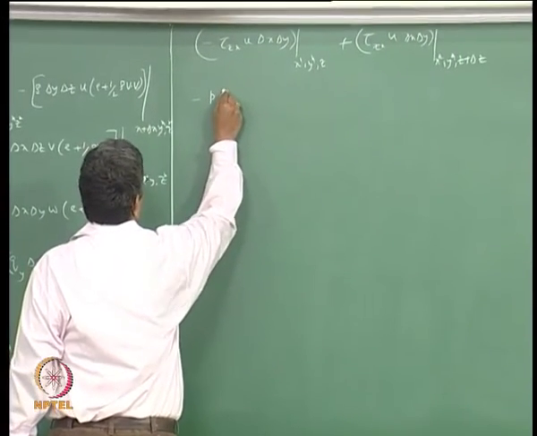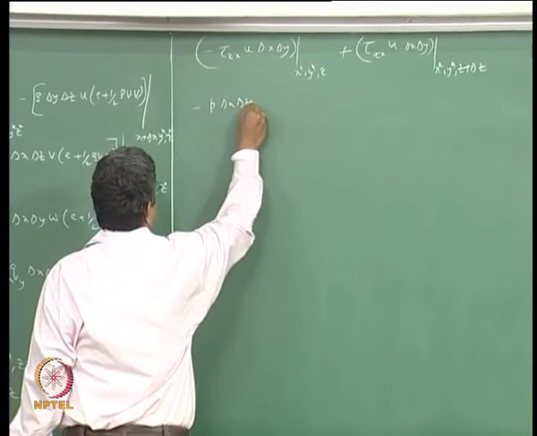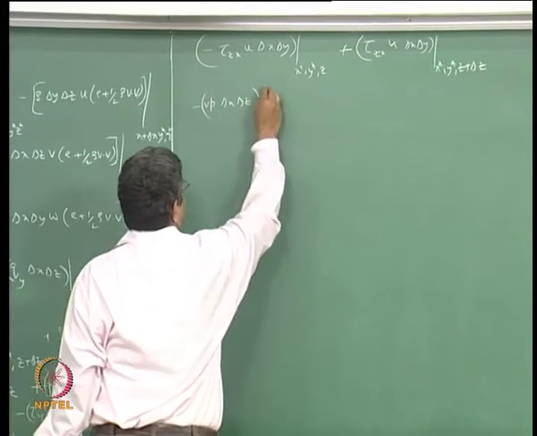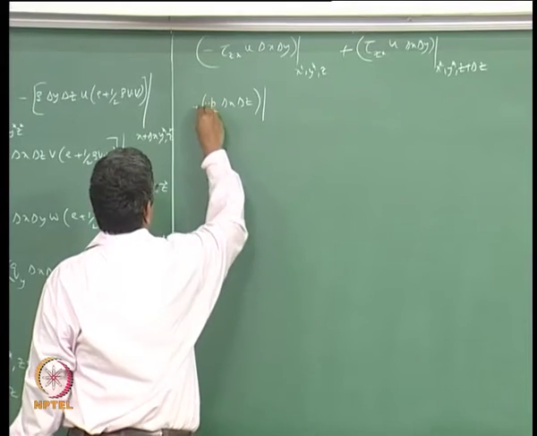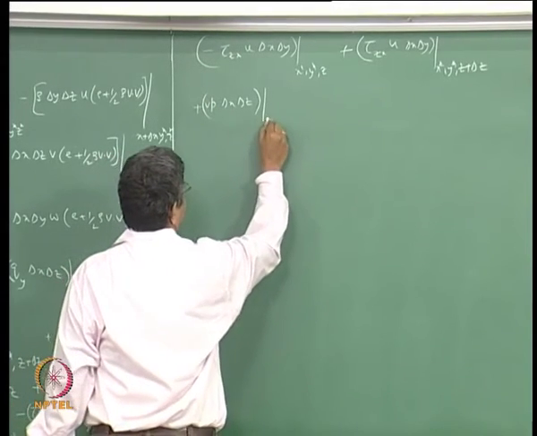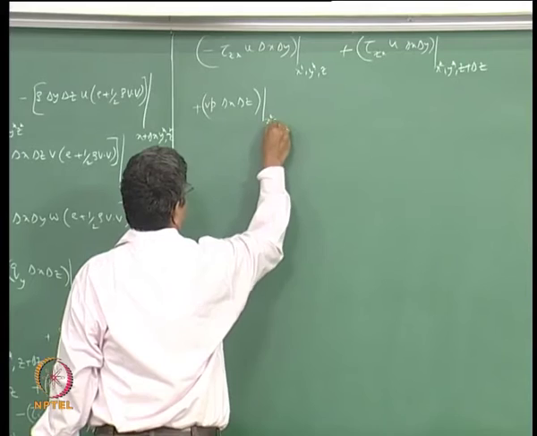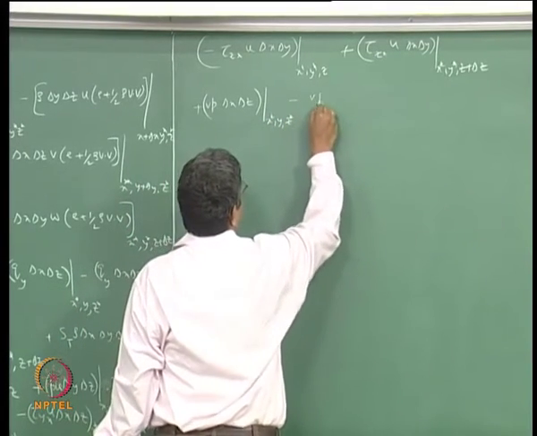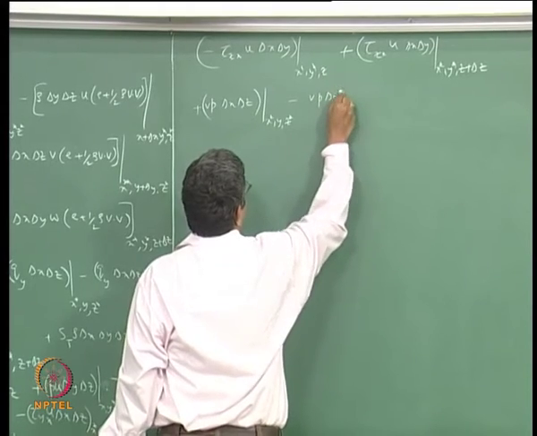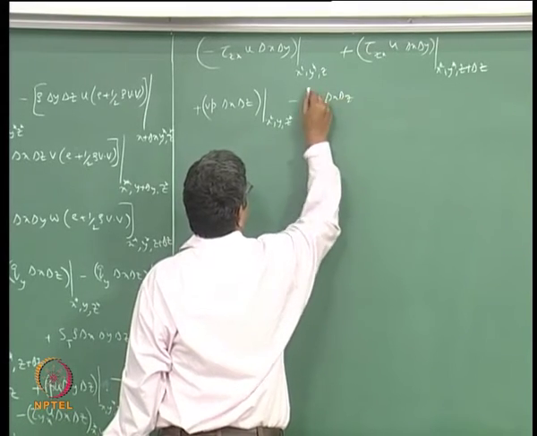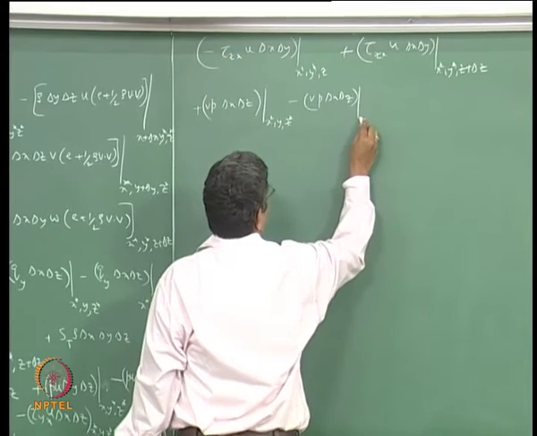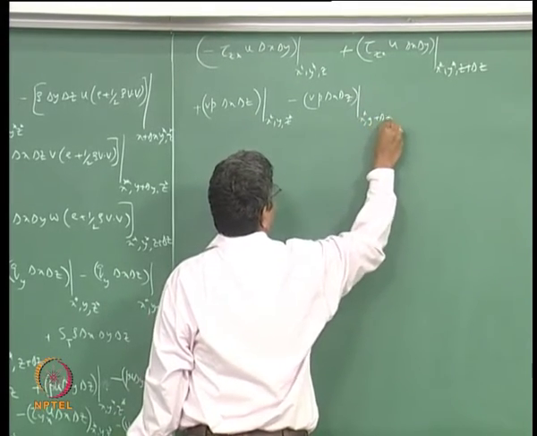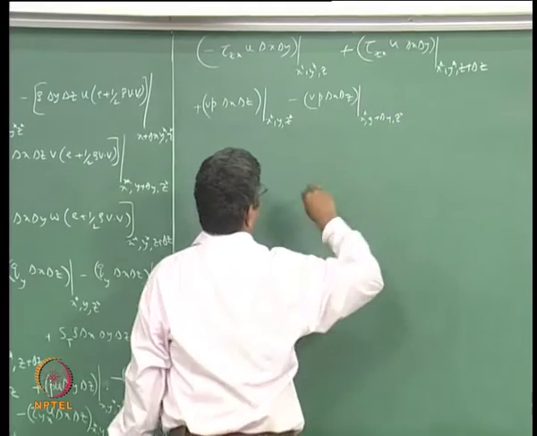Minus p times the area, which is delta x delta z, times v evaluated at the bottom face x star, y, z star, minus v p delta x delta z at x star, y plus delta y, z star.